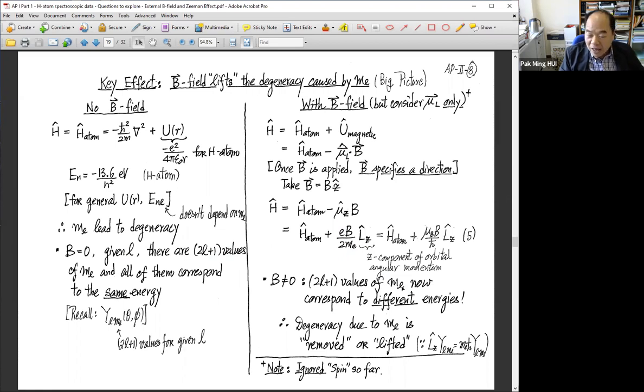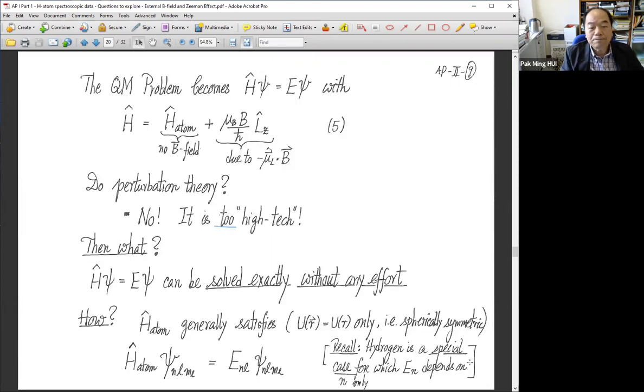The jargon is to say that the magnetic field removes the ML degeneracy, because the eigenvalue of the whole Hamiltonian will now depend on ML. So this is the big picture. Let's work it out.